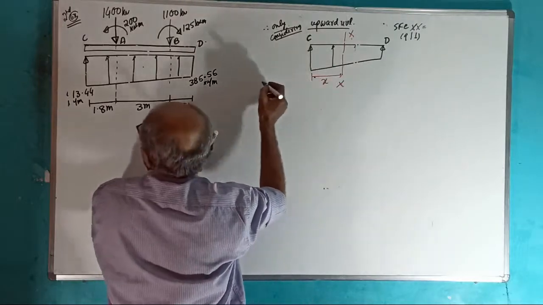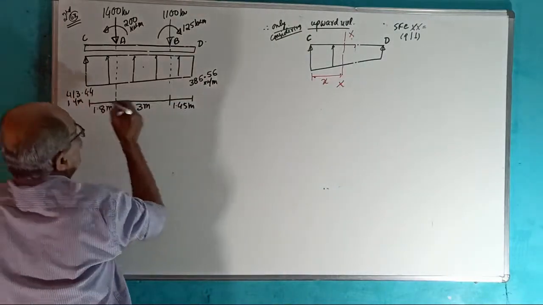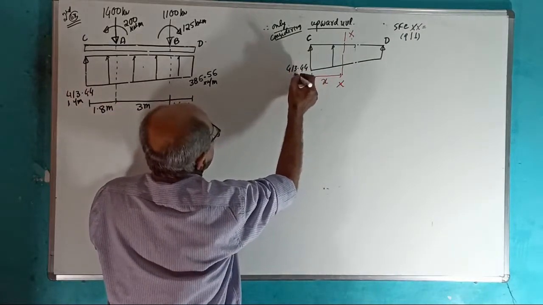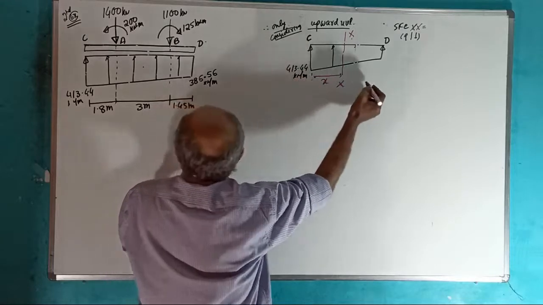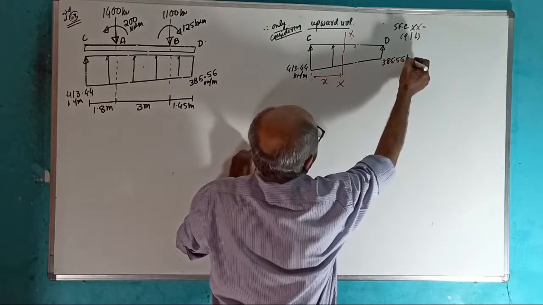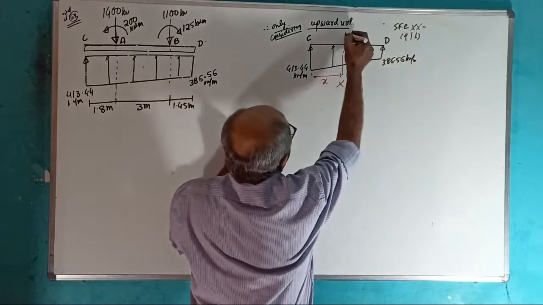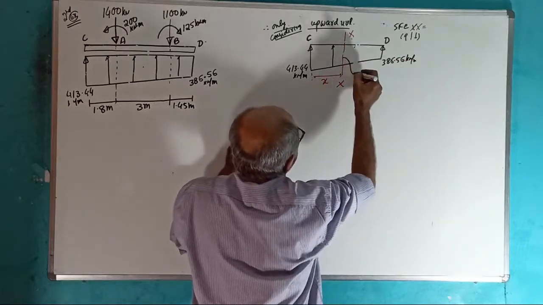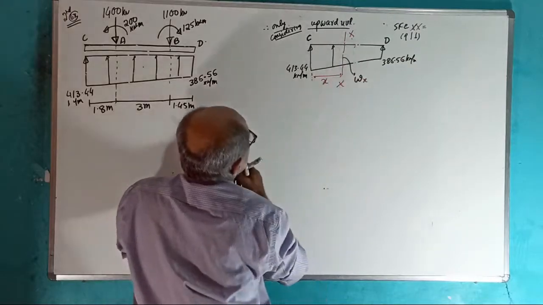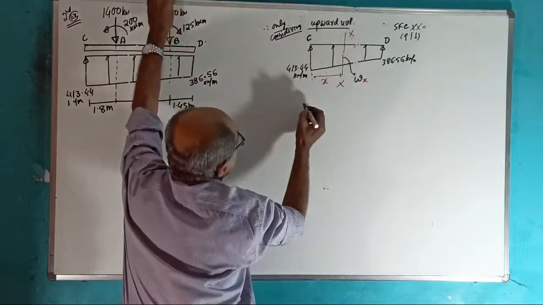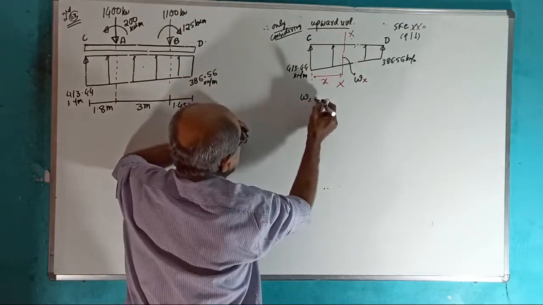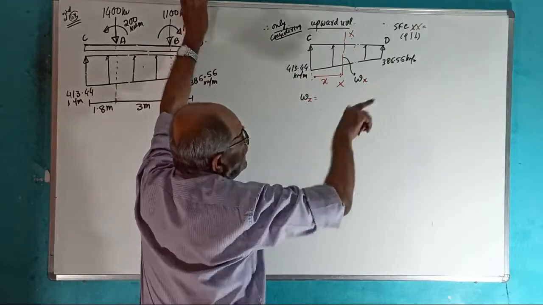This is 413.44 kN per meter. This is 386.56 kN per meter. So you take a section XX here. There let the intensity equal W suffix X. Now using linear interpolation, get W suffix X. Remember now it is decreasing.